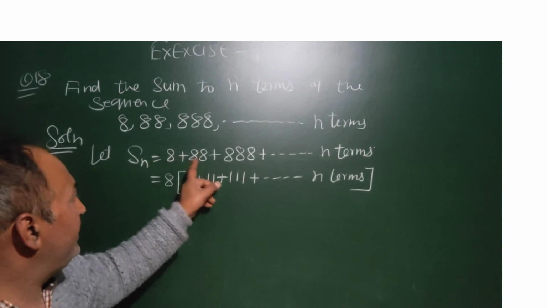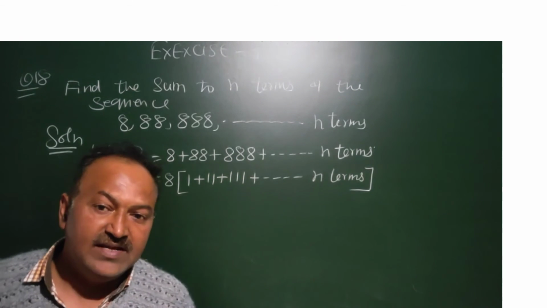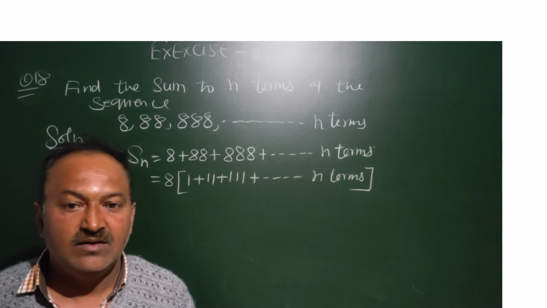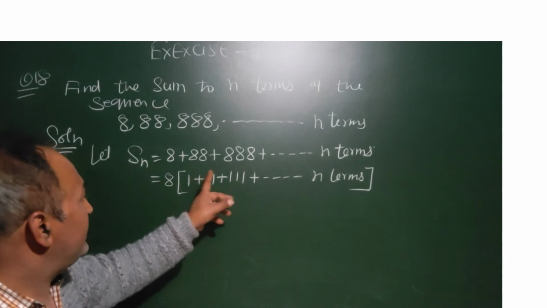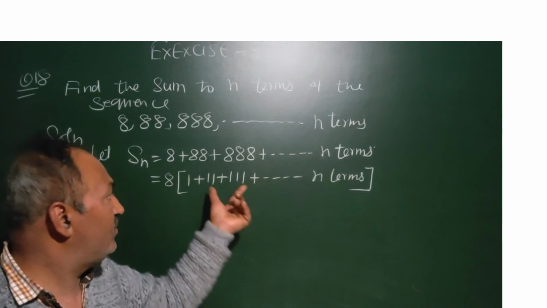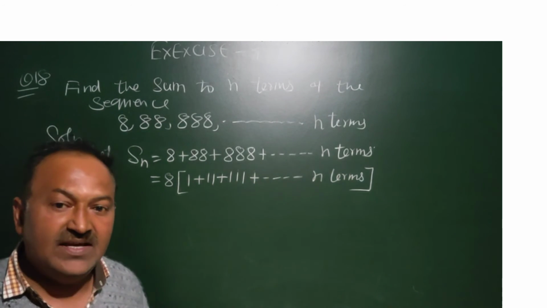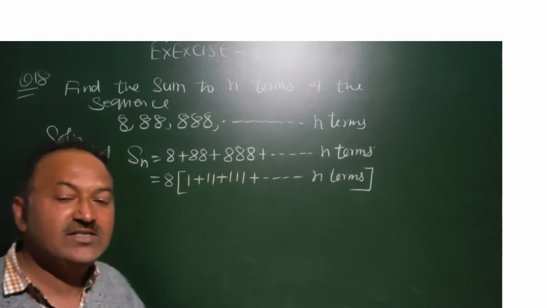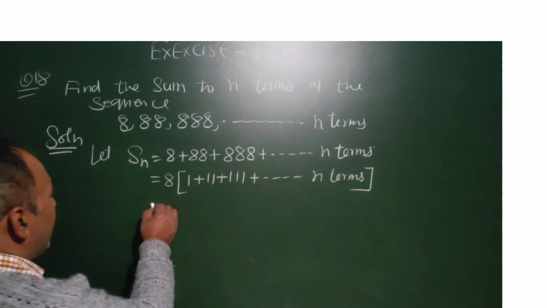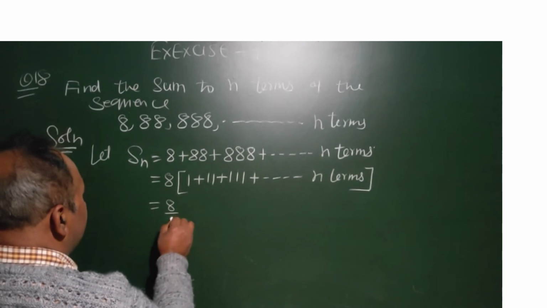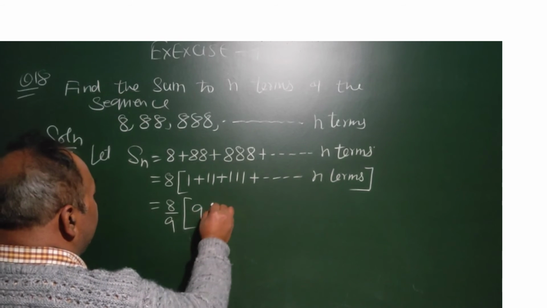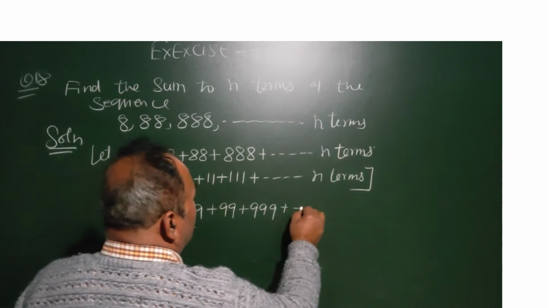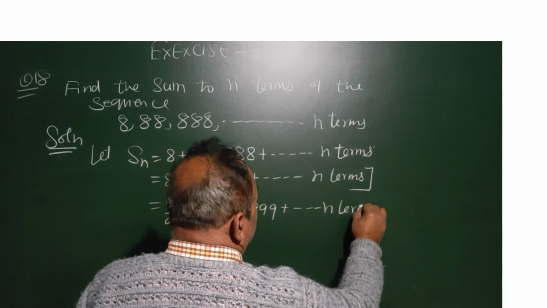And if there is 99, 999, then no need to take anything common, because we need 9, 99, 999 and so on at this place. Multiplying by 9 and dividing by 9, we get 9 plus 99 plus 999 plus dot up to n terms.